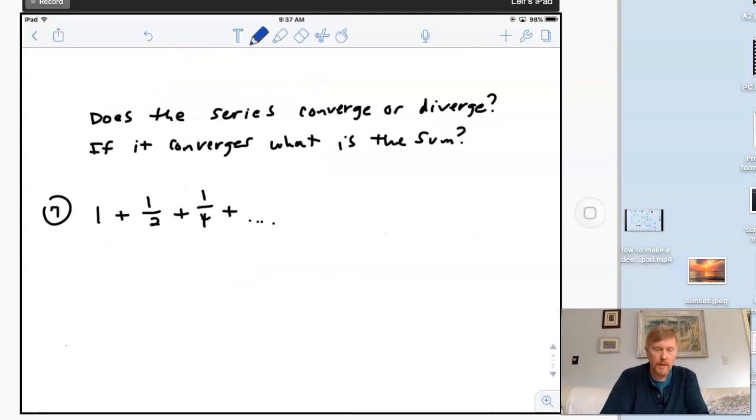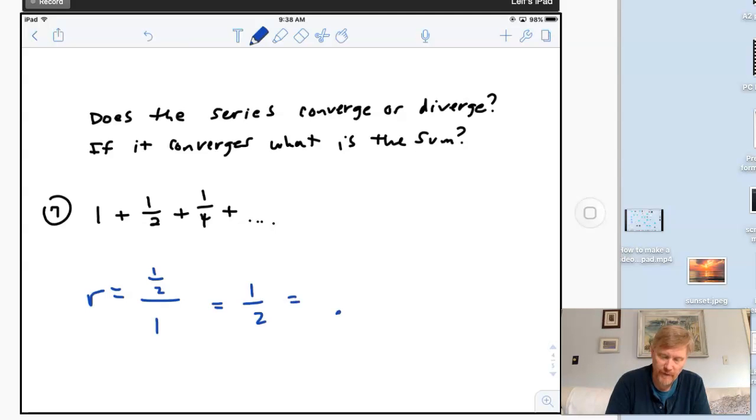But anyway, so this one, number 7, does the series converge or diverge? If it converges, what is the sum? So the first thing I need to know is what R is, because that'll tell me what kind of series it is. So the same thing. If I take the second number and divide it by the first number, I'll get R. Anything divided by 1 is itself.